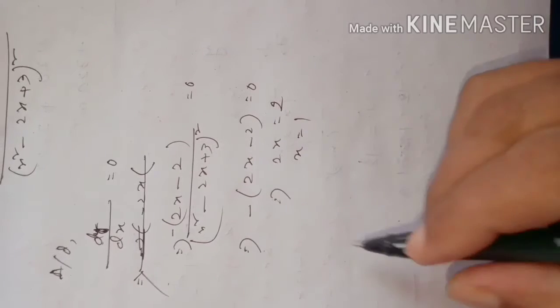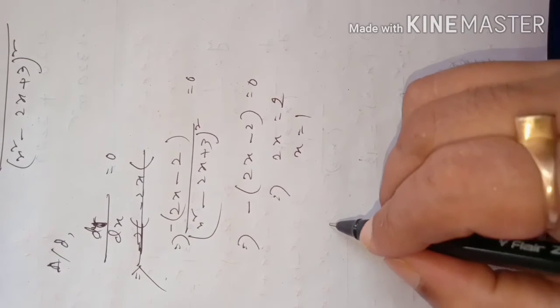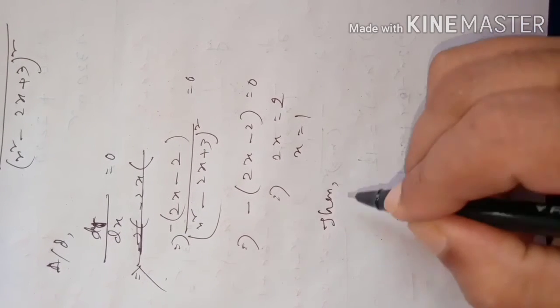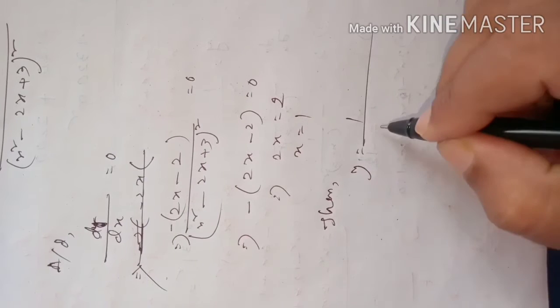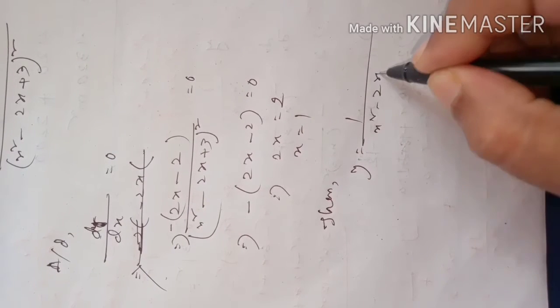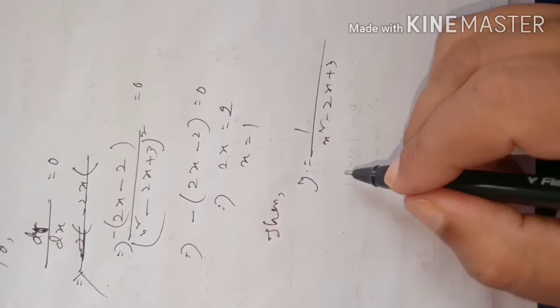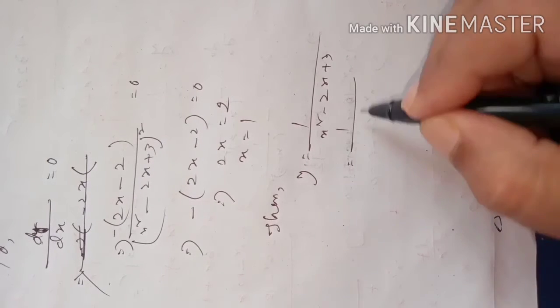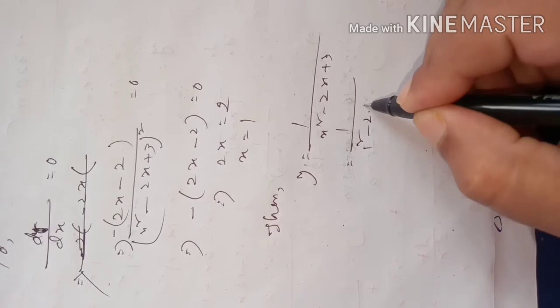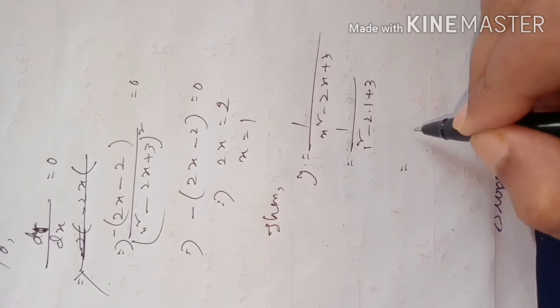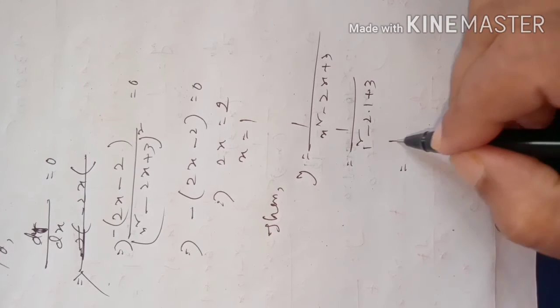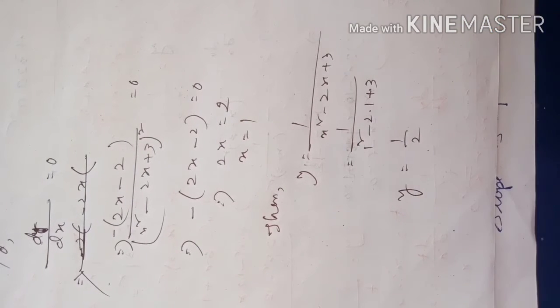If x is equal to 1, then y is given as 1 by (x square minus twice x plus 3). So we get 1 by (1 square minus 2 into 1 plus 3), that is 1 by (4 minus 2), which is 1 by 2. So y is equal to 1 by 2.